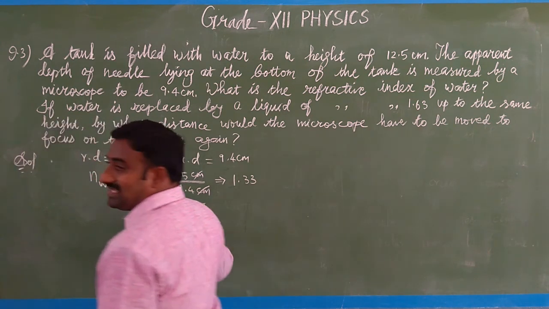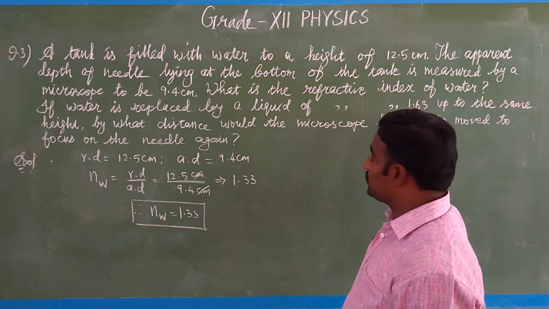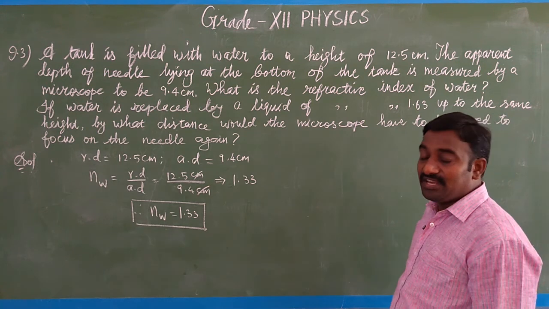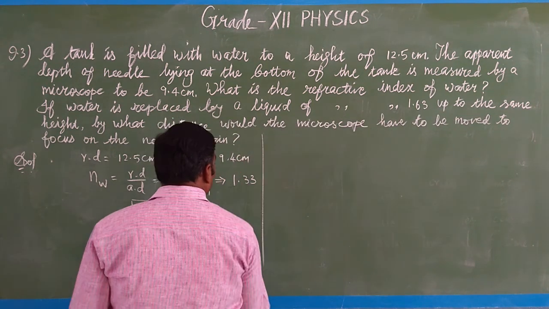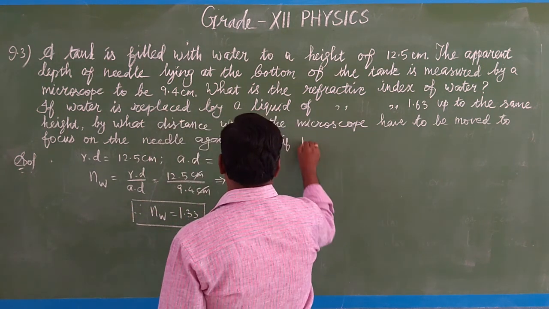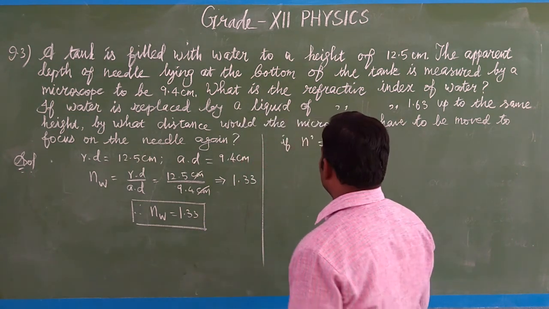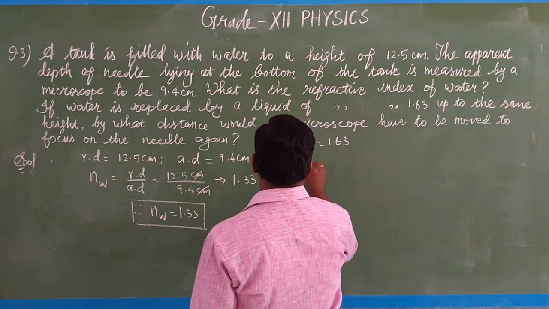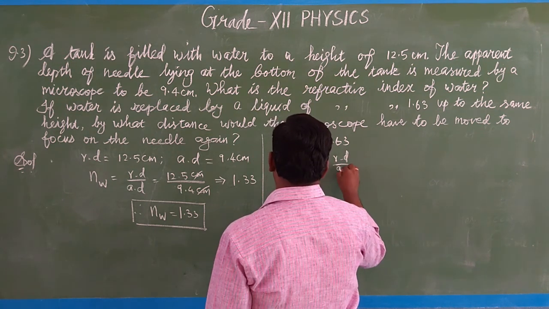Now, replace the water. Instead of water, you fill another liquid having the refractive index 1.63 to the same height. Now, what distance should the microscope be moved further? In that case, the new refractive index is 1.63. The refractive index of the liquid is equal to real depth divided by apparent depth.